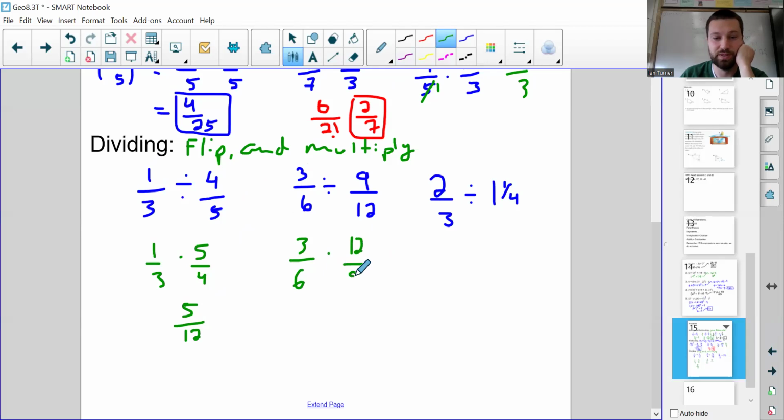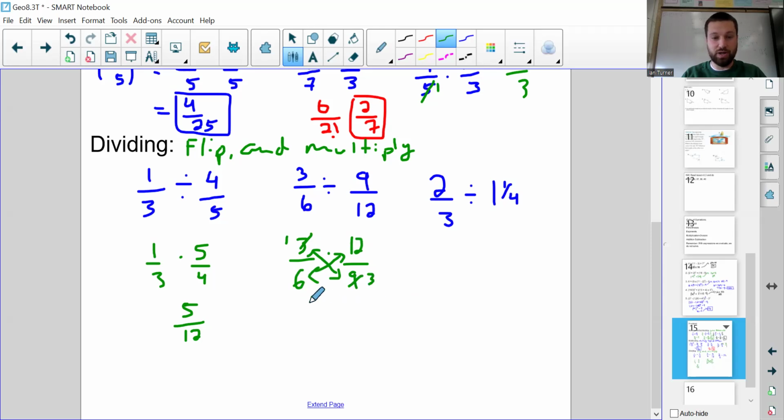Now I did this one because, again, I thought it'd be a cool one to cross cancel, okay? So if we look at this, we can cross cancel 2 ways. So I'm looking both this way and this way. And we can cross cancel both of them. 3 goes into 9 3 times. I get a 1 on top and I got a 3 on the bottom, okay?